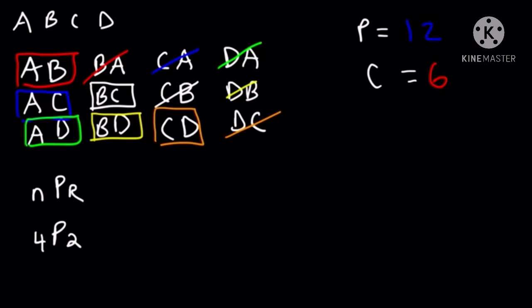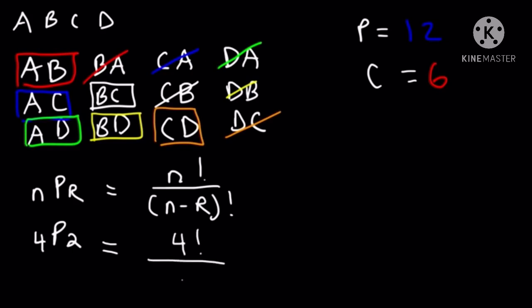The equation of nPr is equal to n factorial divided by n minus r factorial. In this case, n is 4 and r is 2. So, n minus r is 4 minus 2.